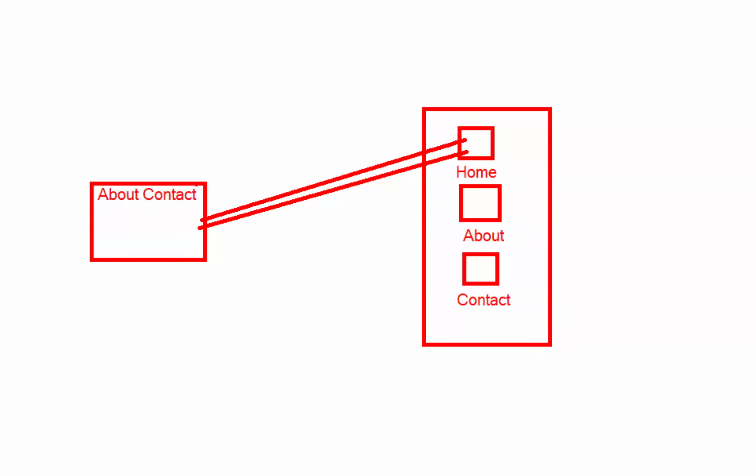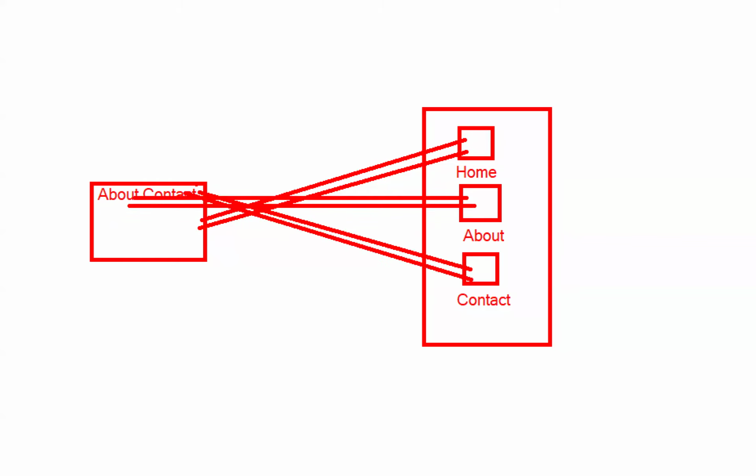If I click on about us, then one more request goes to the server and the about page loads. If I click on contact, one request goes to the server, then the contact page loads. Like that, every time one request is going to the server and getting the response.